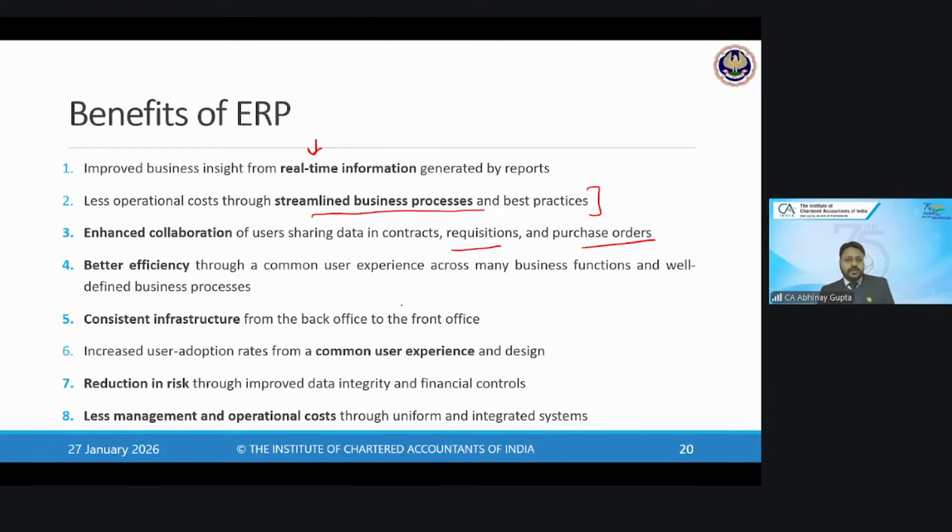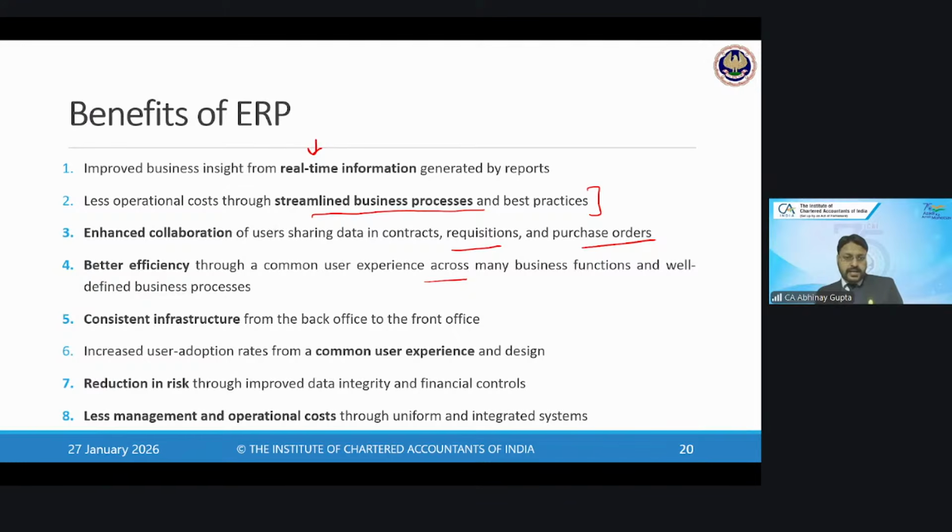Better efficiency through a common user experience, because everybody is accessing the same ERP, and the user interface is more or less the same for every user, unless different departments have a slightly different user interface.